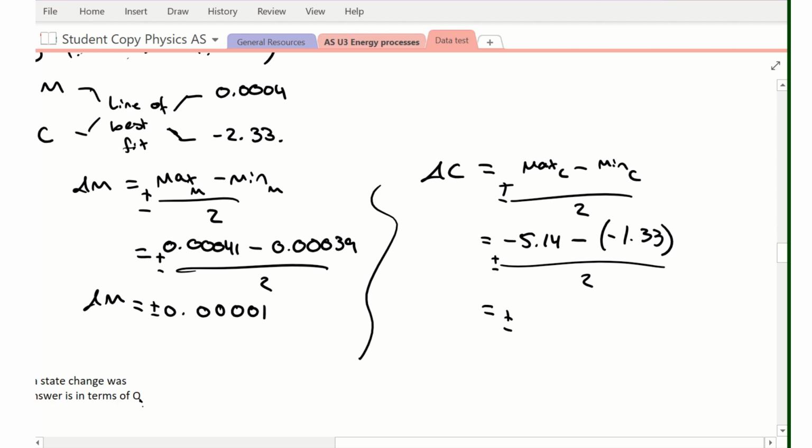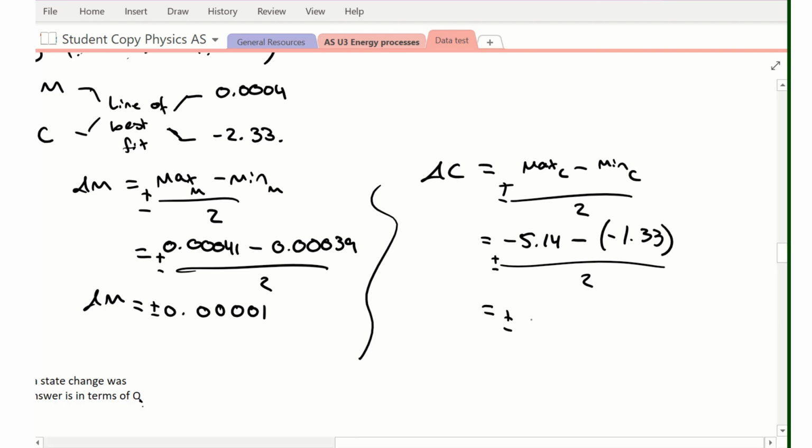Let me reset my calculator. All right, so we've got minus 5.14, and then that's going to become minus minus, which is a plus 1.33, and then divided by 2.